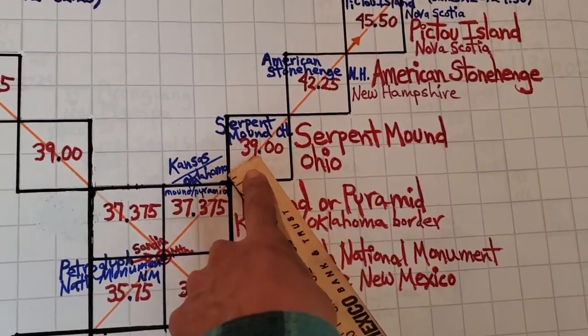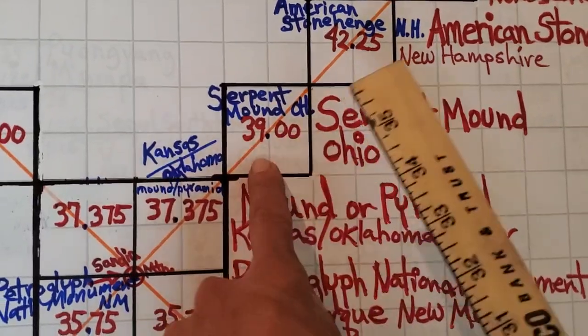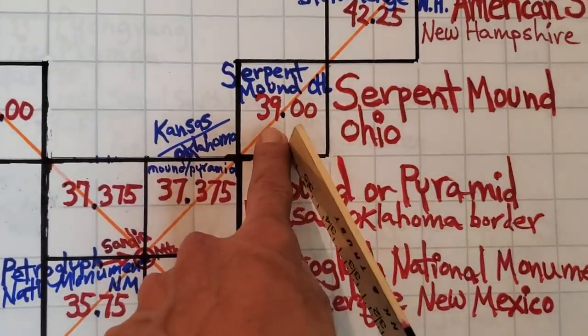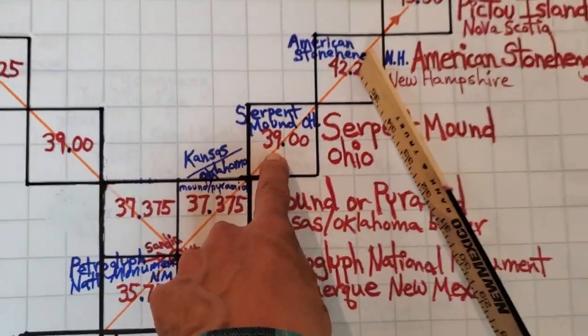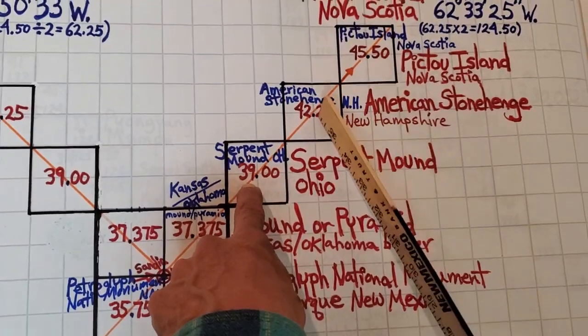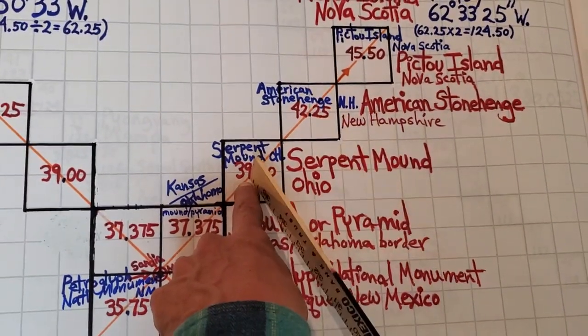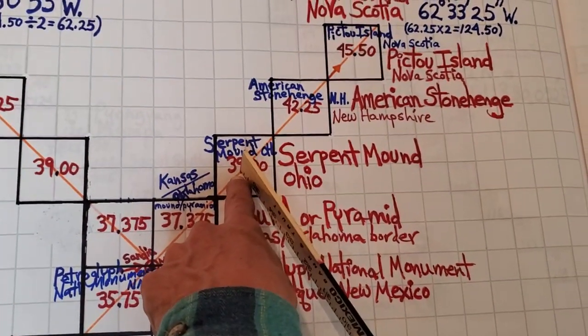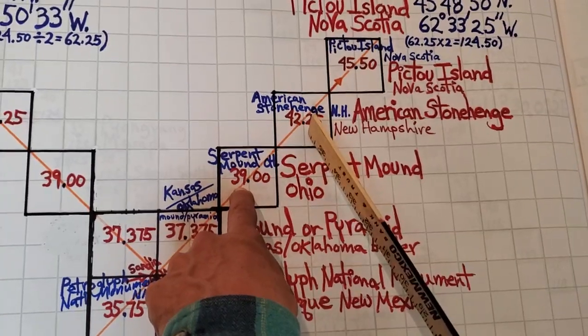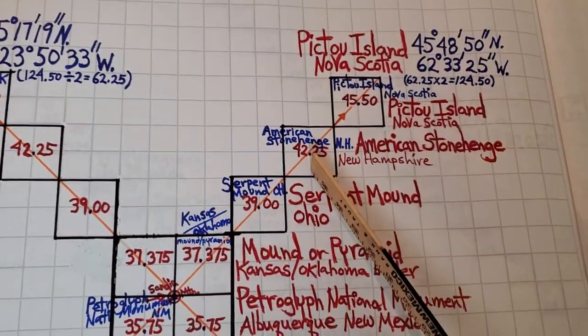This place is famous. But if it wasn't that famous, then why is it connected directly to American Stonehenge? That's why I know it's legit. Serpent Mound's legit by your standards. Why not American Stonehenge? It's directly connected by trade.